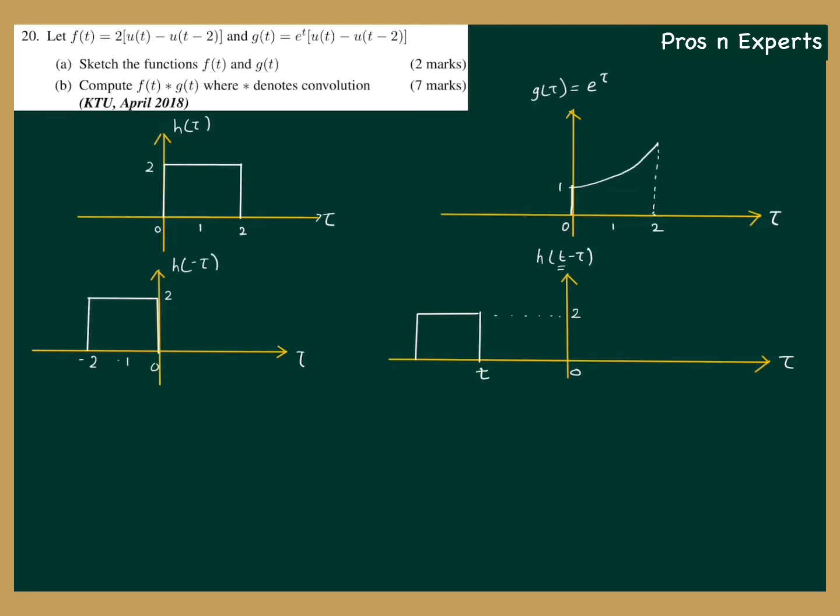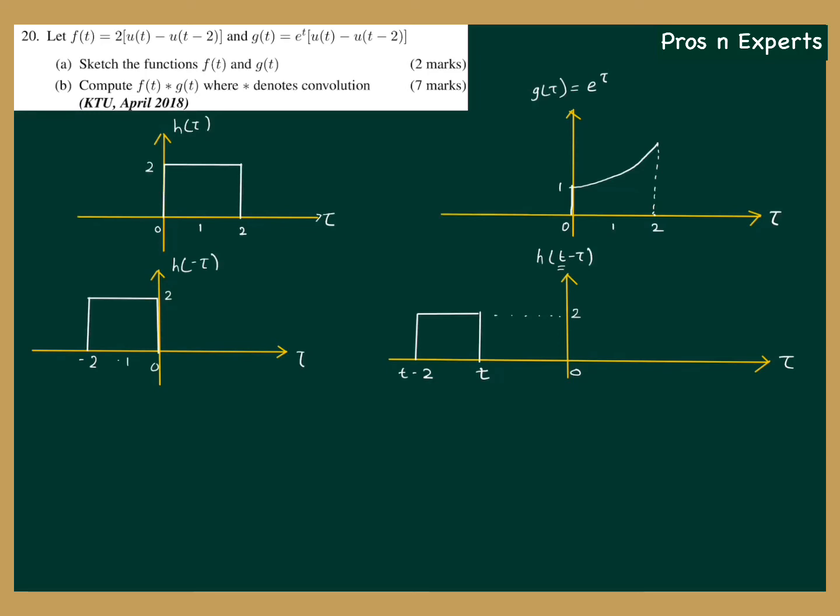Okay, and this is minus 2 plus t, because we are adding 0 plus t, that is t. And here also we are adding minus 2 plus t. For convenience I can write minus 2 plus t as t minus 2. And the amplitude is 2.